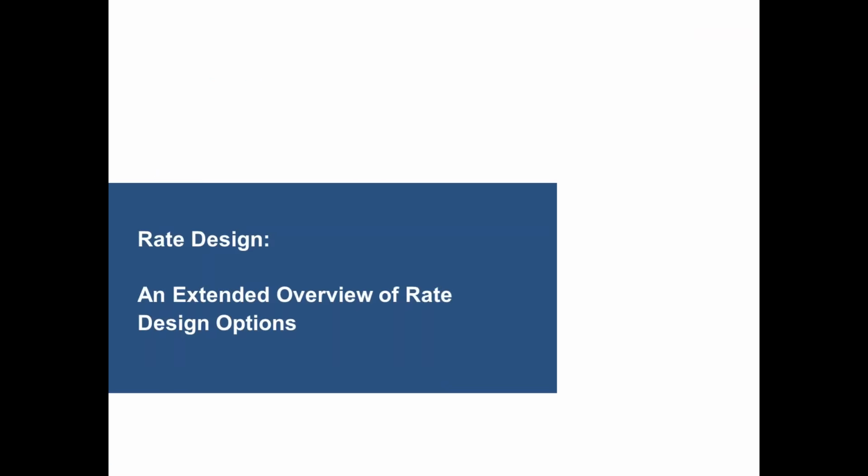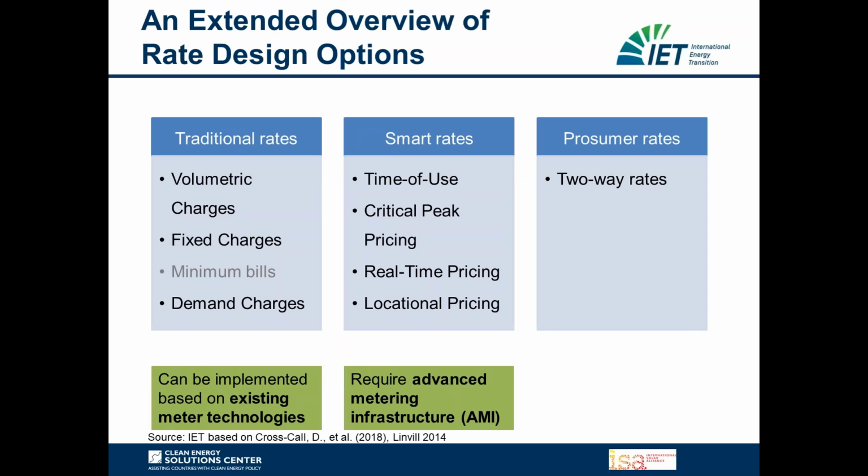And in today's session, we will look a bit further into smart rate design, looking at time of use rates, critical peak pricing, real-time pricing, and locational pricing. And this is the first important takeaway, that these smart rates can only be implemented when advanced metering infrastructure, AMI, is implemented and rolled out in the respective jurisdictions.